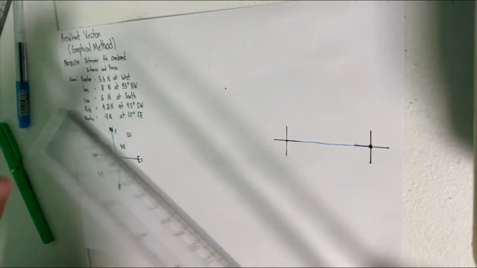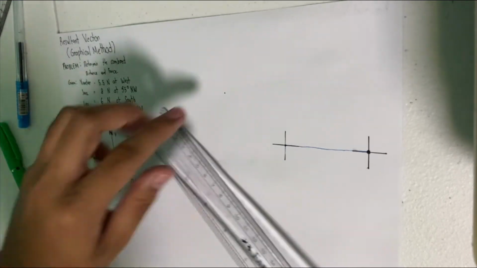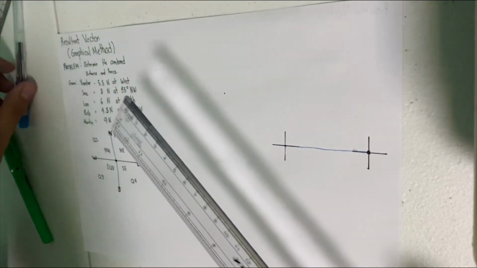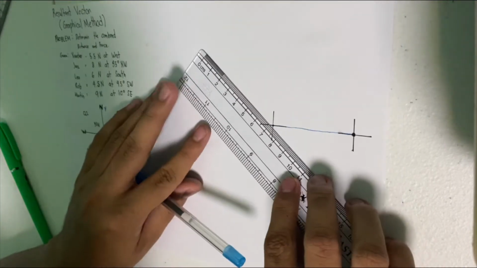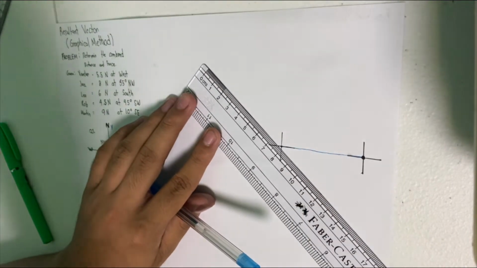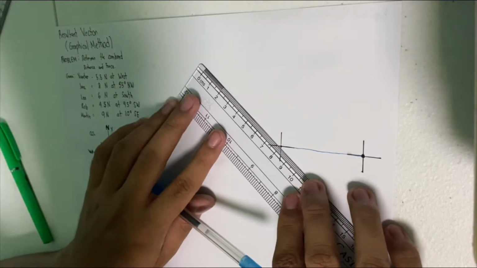At the centimeter, 8. As you can see, this is the mark. So we need to trace it and find the 8 centimeter. Here's your ruler.